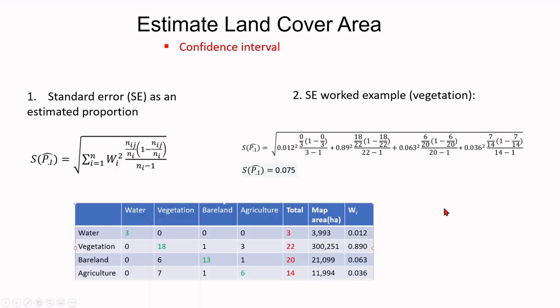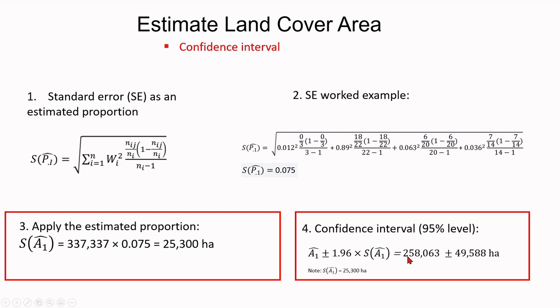That is what you are seeing here. So the error adjusted area for vegetation is 258,063, and the margin of error around that is 49,588 hectares. That is what we computed here, using this proportion. That is how you compute your confidence interval.